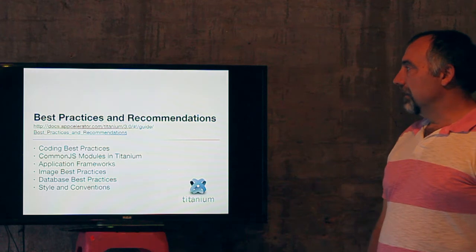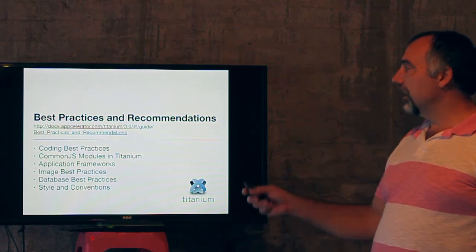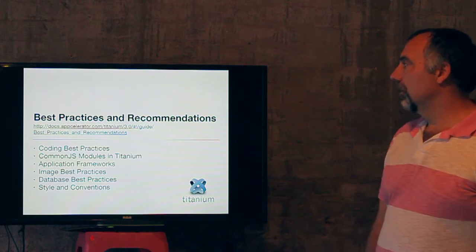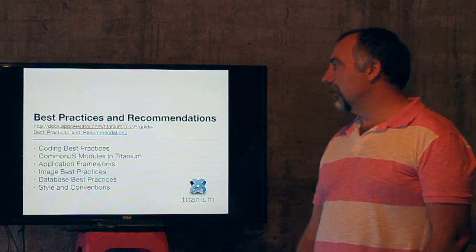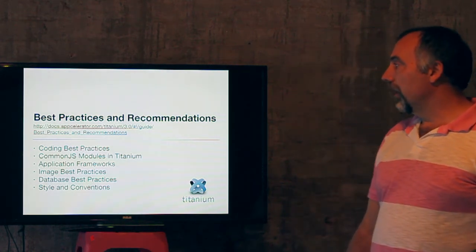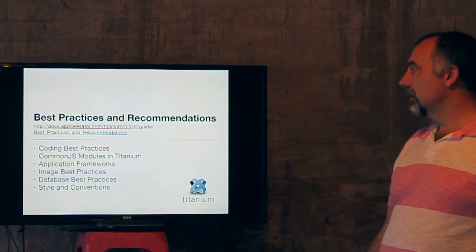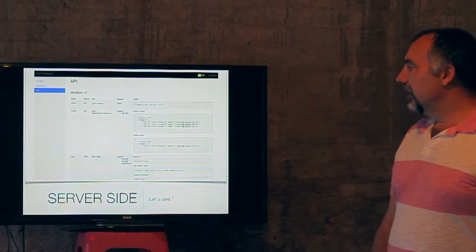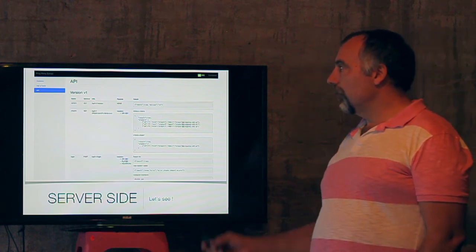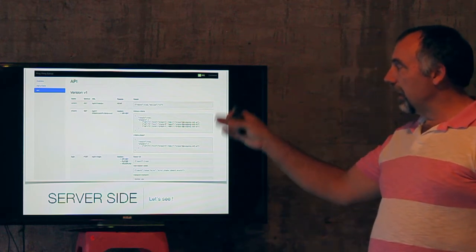What about best practices? Titanium has a lot of recommendations in this link about coding practices, common patterns, application frameworks, the device. And the server side in this case is where the majority of the code is, in the API.